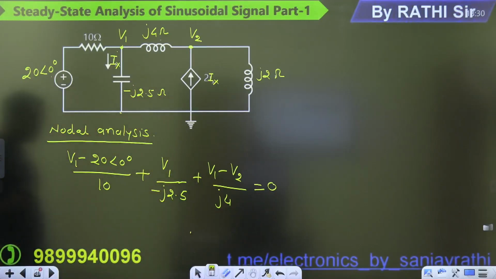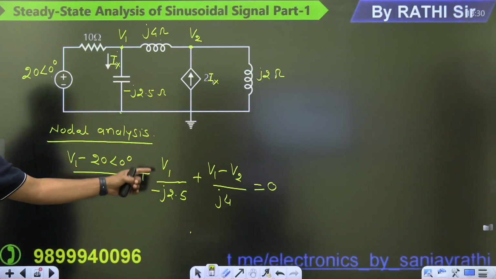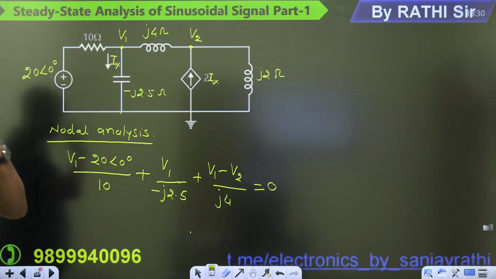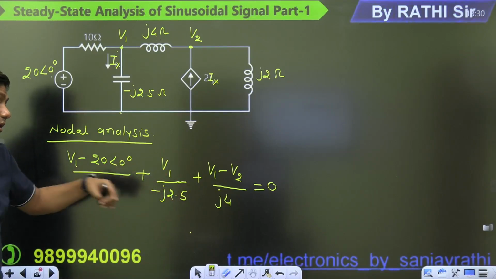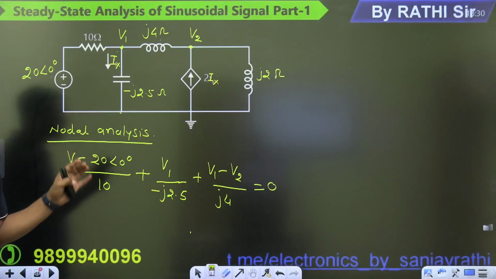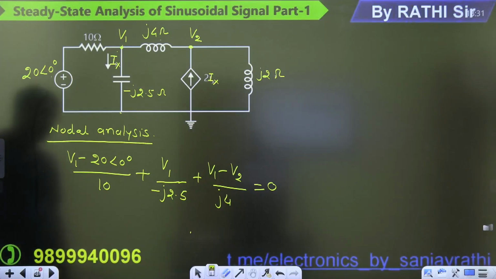Same way, V1 by 10 you can write as 0.1, and when J is multiplied above it becomes negative, 1 divided by 2.5, and 1 divided by 4. This is the first equation. You have to arrange it, find the imaginary and real parts, and then find the coefficient of V1 and the coefficient of V2.